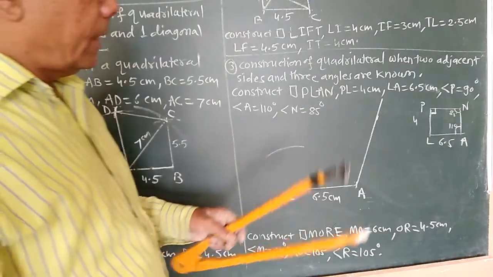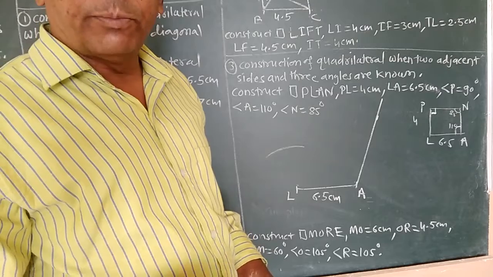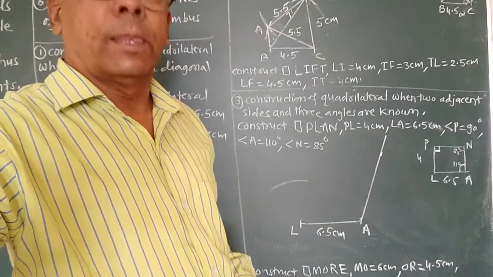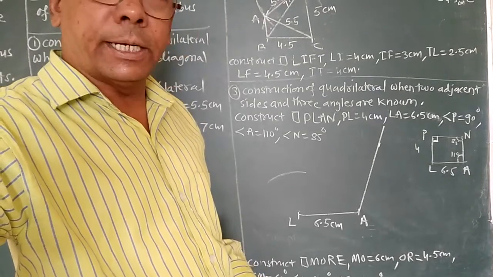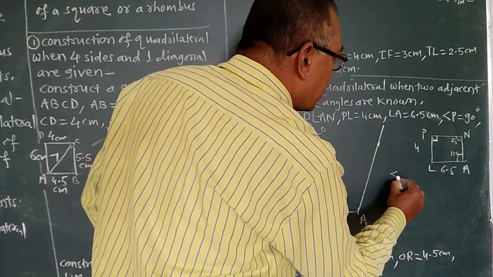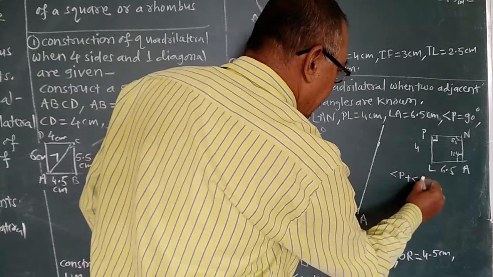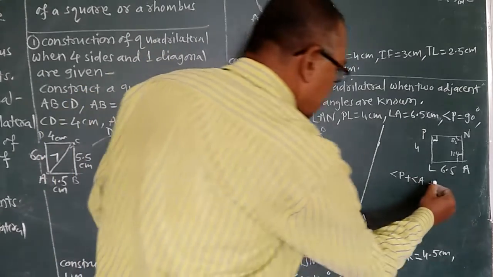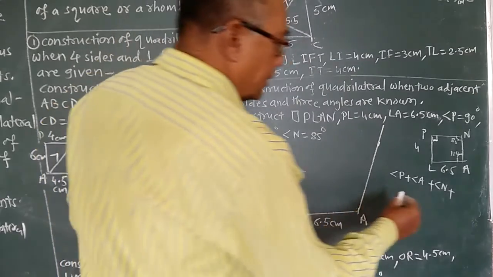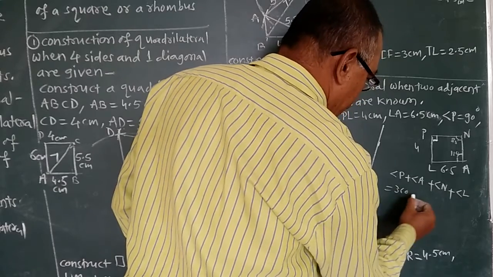Here, if we apply the property of quadrilateral, that is, sum of the angles of the quadrilateral is 360 degree, means angle P plus angle A plus angle N plus angle L is equal to 360 degree.